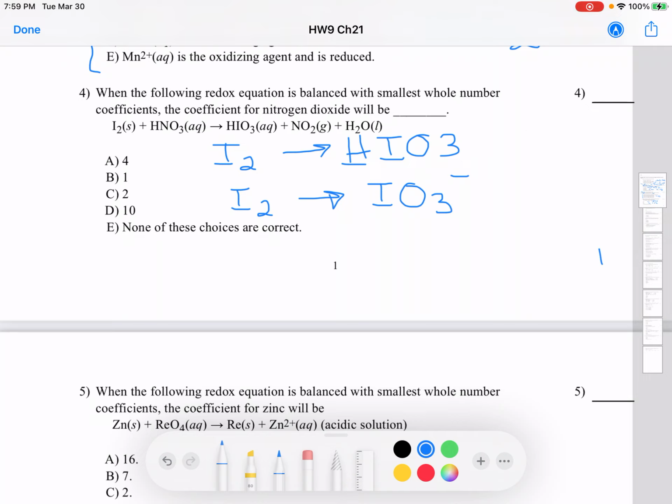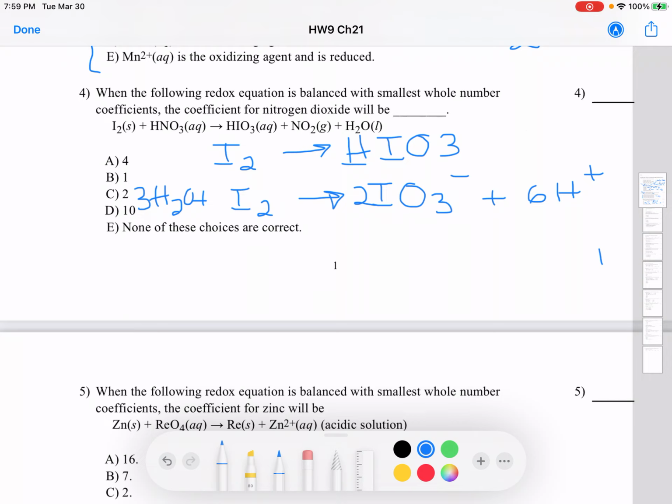Okay, iodate. And then we balance both sides with the atoms. I2, IO3, there are 2 iodines, so you have to make it 2 right there. And then we have 3 oxygen on the right side. To balance the 3 oxygen, you add 3 water molecules. And now that we have 6 hydrogens, 2 times 3 is 6, you put 6 hydrogen on the other side, 6H plus. Now all the atoms are balanced.